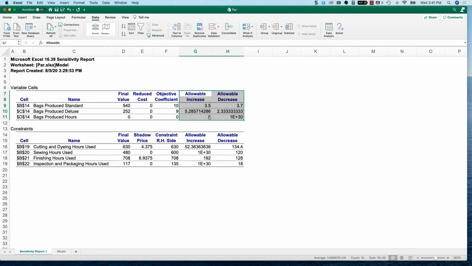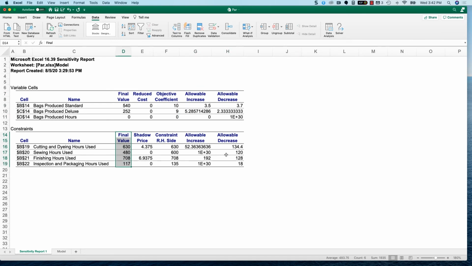As you see here, you have 0 for the increase and a very small number for the decrease. Yet for the standard bags and deluxe bags, you have 3.5 and 3.7. That's how many more you can create or not create in order to still stay within the range of the optimal solution.